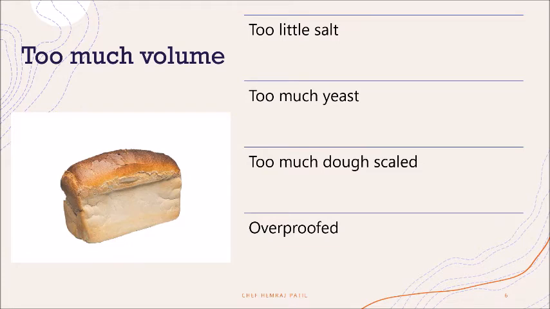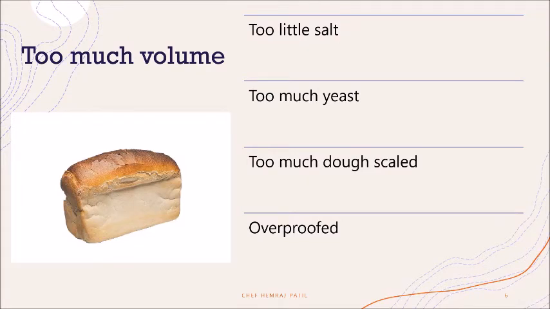Salt helps to control the growth of the yeast. So these are the two roles of the salt. If added in enough quantity, then it controls the growth of the yeast, and if too much is added, then it is going to hinder the growth of the yeast. If it is in the right quantity, it is desirable.